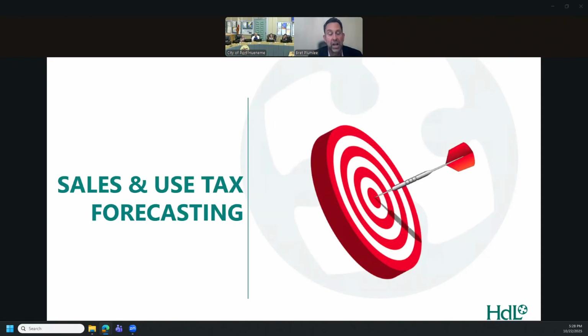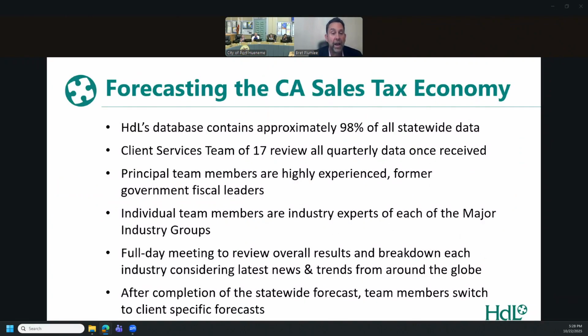So just to talk about our forecasting in terms of how we do it, we have a whole team of us. I'm one of the principal consultants. There's actually 11 principal consultants. We're all highly experienced former government fiscal leaders, retired city managers, retired finance directors. Most have worked in city government for most of their career prior to coming to HDL.